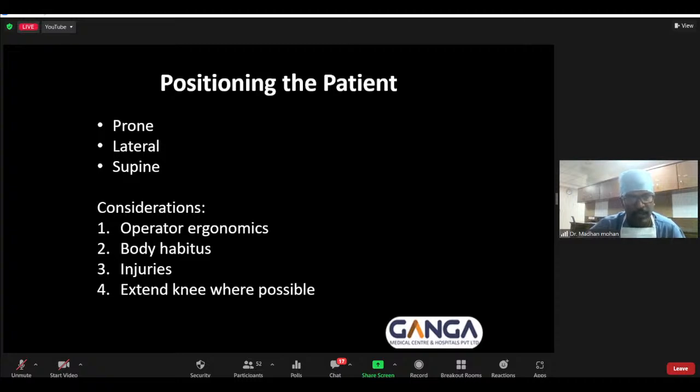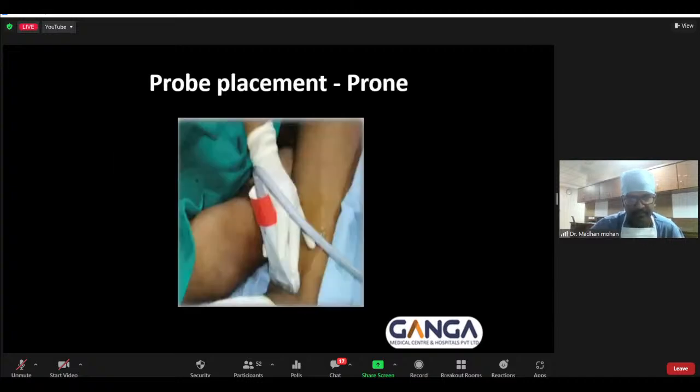And another position is supine, where one assistant is needed to hold the leg flexed and support the leg. It is always better to extend the knee wherever possible for better visualization of the sciatic nerve.